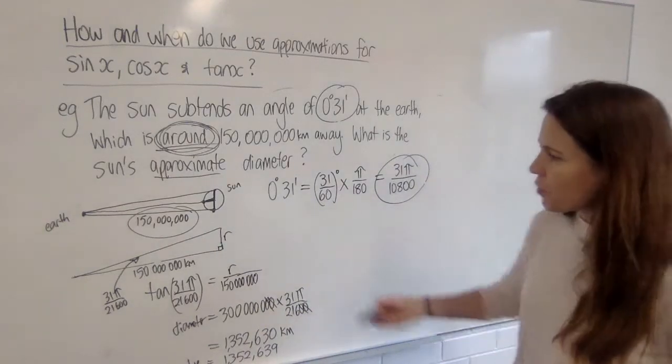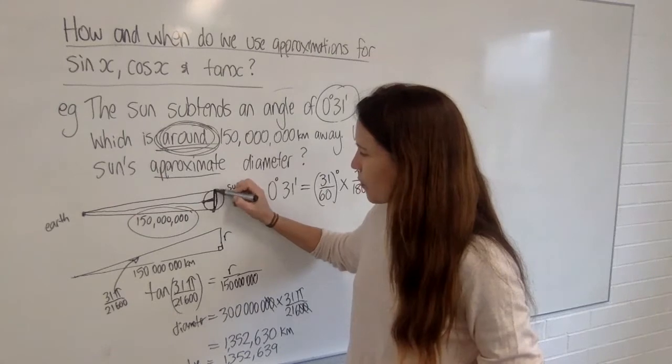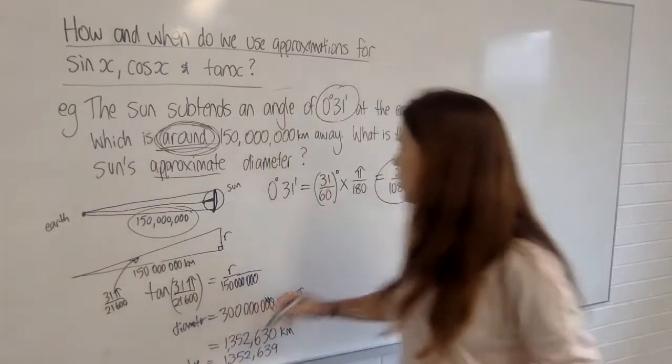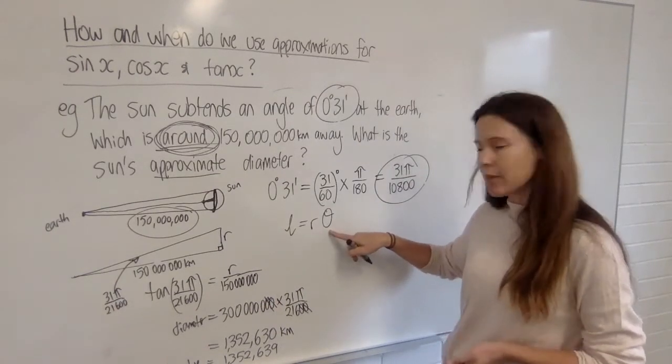Now, let's do it a different way. We also know a formula for finding the size of this arc. If we see it as an arc that is part of a big circle, we could use the formula L equals R theta, where theta has to be in radians.